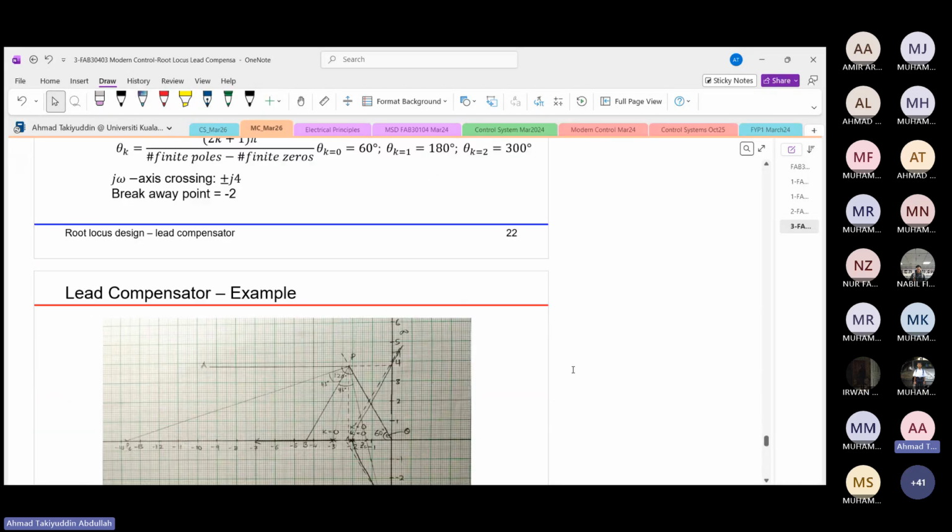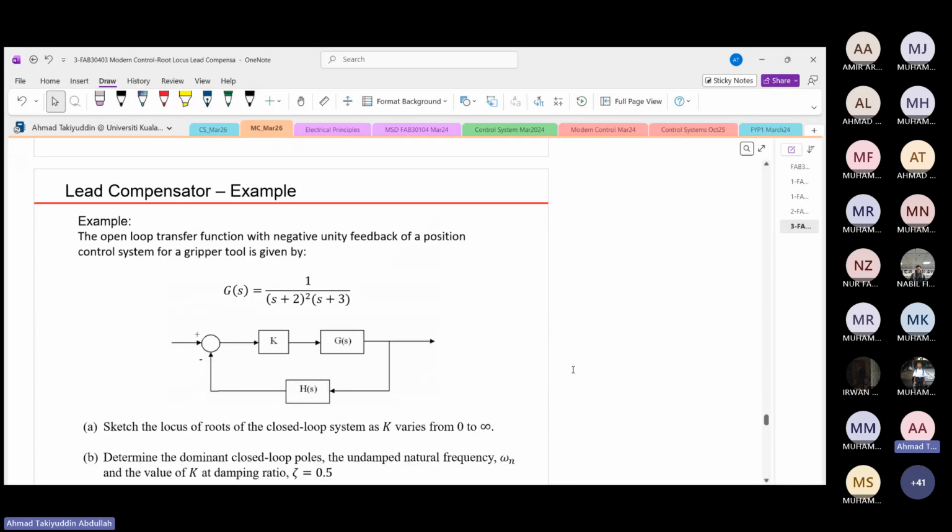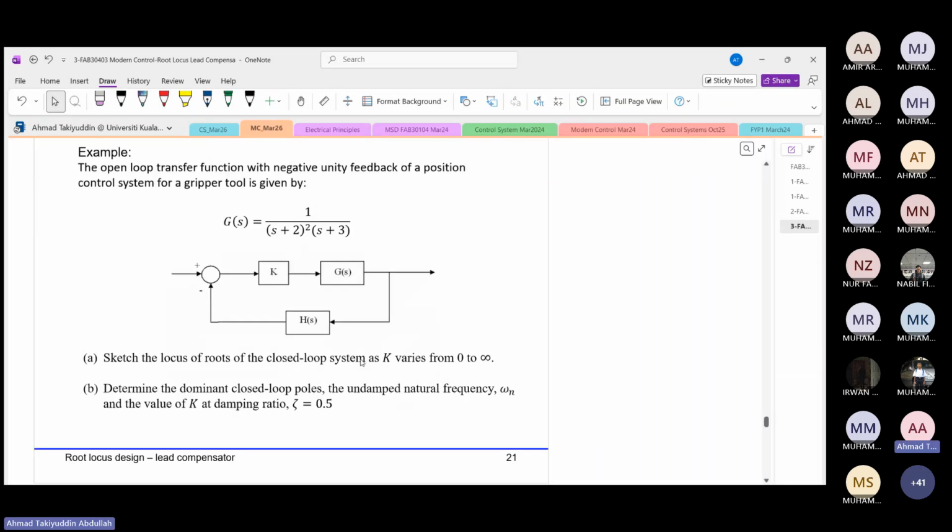So let's refer to one example here. This is just one example that you can consider: a gripper tool controller.